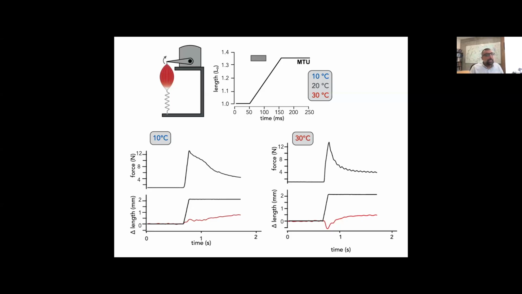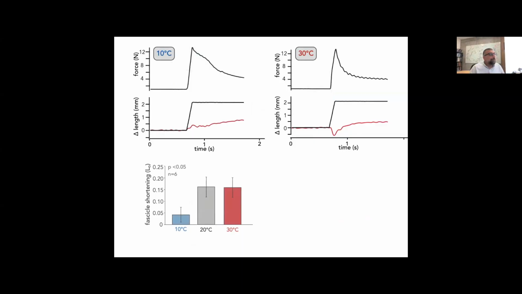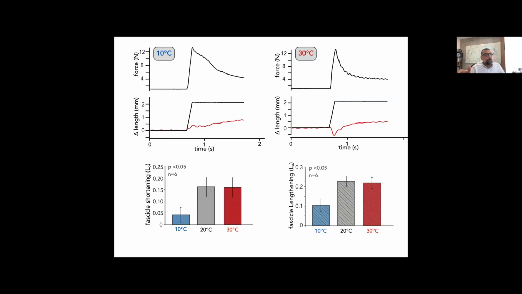And then more importantly, as we change our properties, we see that the fascicle shortening is much less at 10 degrees early on. But later on, we find that the fascicle lengthening is a little bit more at higher temperatures, and the rate at which it's being loaded is significantly higher as well.